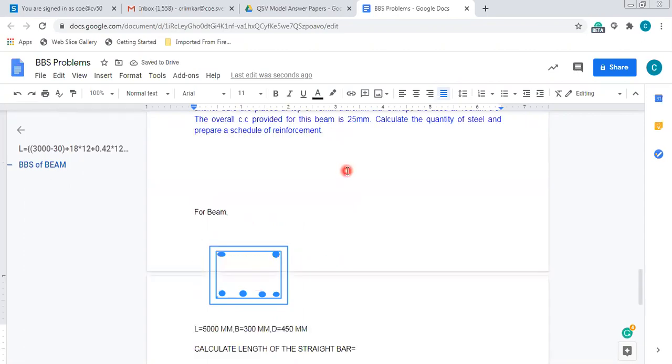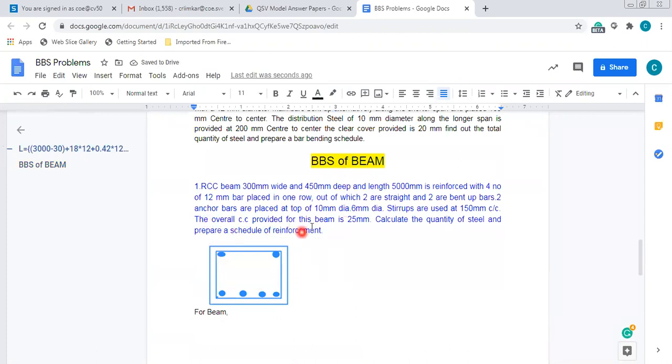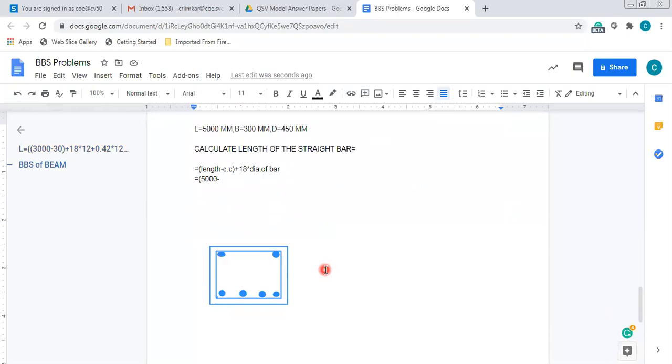How much clear cover is provided? For this problem, the clear cover provided for the beam is 25 mm, so it is 2 into 25, since clear cover is provided on both sides, plus 18 into the diameter of the bar. The straight bars are placed at the bottom, 4 in number, out of which 2 are straight and 2 are bent up. So 18 multiplied by 12.